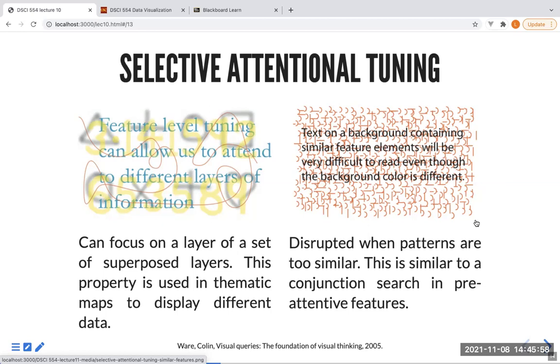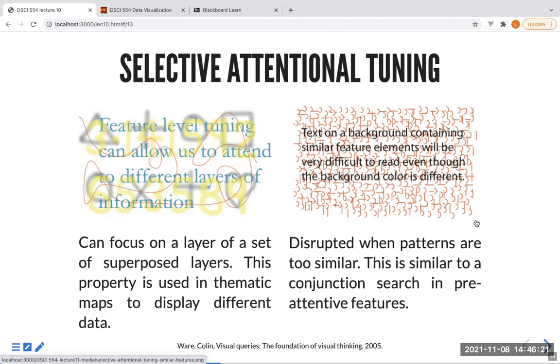Is this idea that you can filter through different patterns and tune to one particular pattern while somehow abstracting the others. And that's called selective attentional tuning. So you can selectively tune your attention to a given pattern.